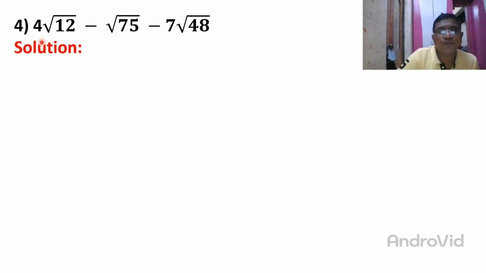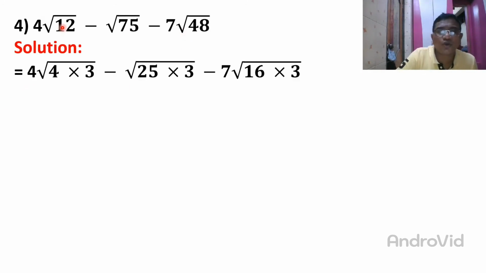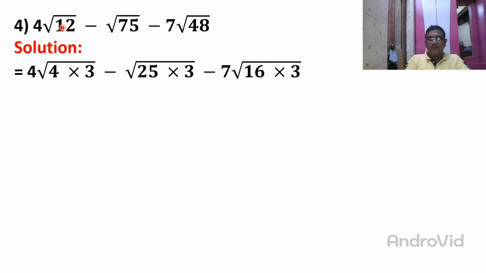So this is 4 square root 12 minus square root 75 minus 7 square root 48. These numbers we can simplify. So 12 can be factorized in such a way that a perfect square root can be obtained. 12 is factorized as 4 threes are 12.